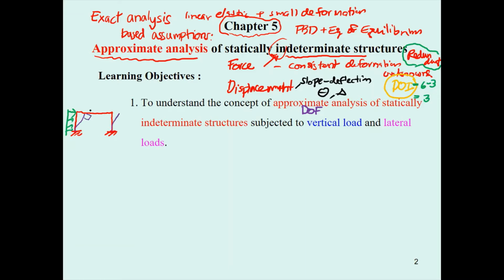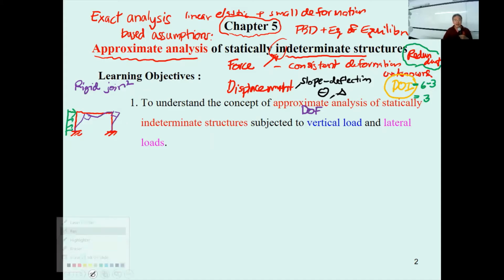The frame has rigid joints. When the frame has rigid joints, the normal angle between the beam and the column will stay the same as the frame deflects, and this gives the so-called elastic curve. From the elastic curve, we can see this frame will have side sway.